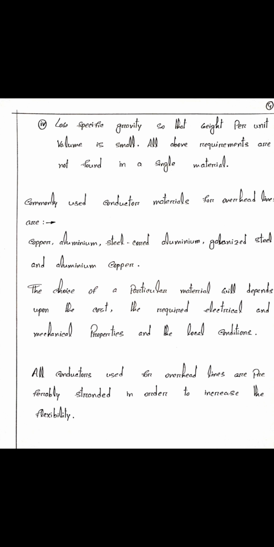The choice of a particular material will depend upon the cost, the required electrical and mechanical properties, and the local conditions. All conductors used for overhead lines are preferably stranded in order to increase the flexibility.